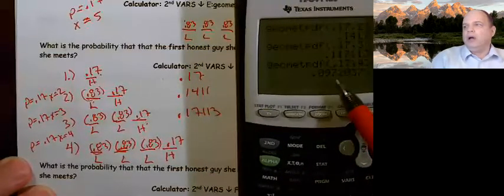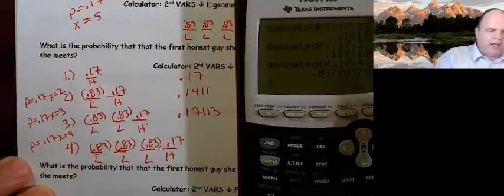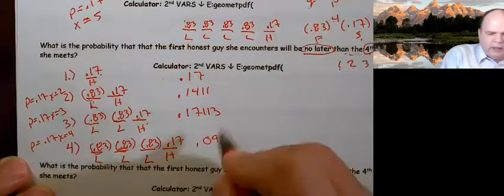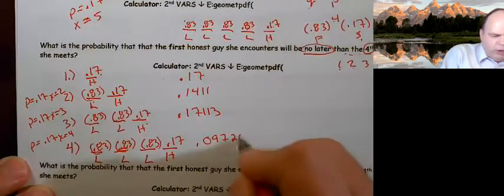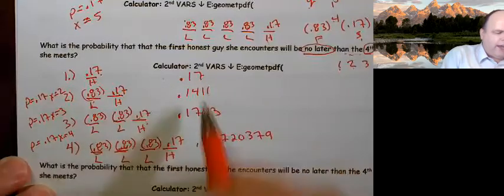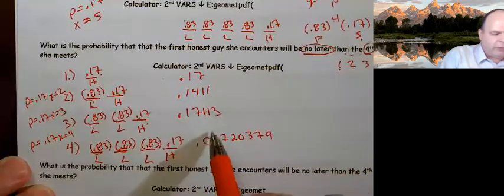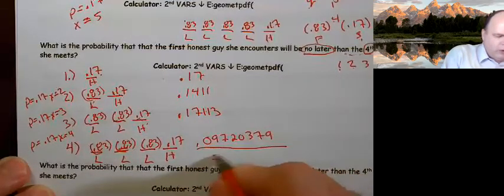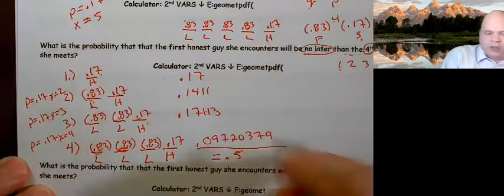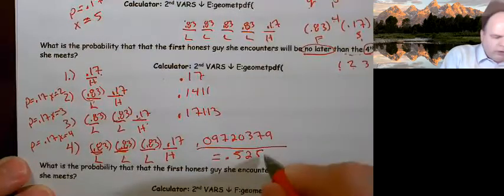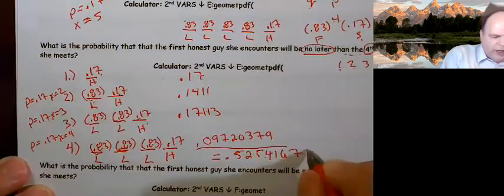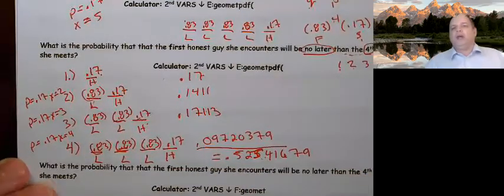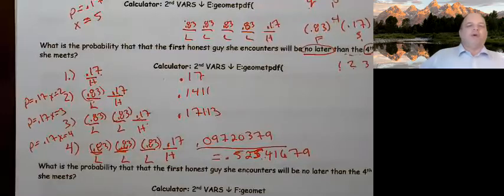And I get 0.09720379. If I add up this plus this plus this plus this, just trust me on this, it equals 0.52541679. So we added up all those numbers, okay? Well, that was a lot of work.